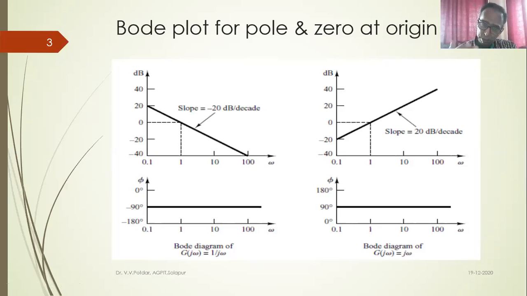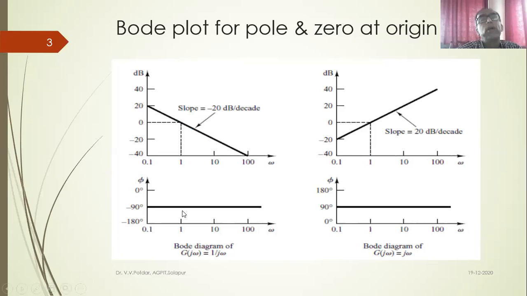If the term is s to the power 4, the slope will be 4 into minus 20, so it will be minus 80 decibel per decade. In general, the slope will be the power of s, n, into minus 20 decibel per decade. So this is the Bode plot for a pole at the origin.